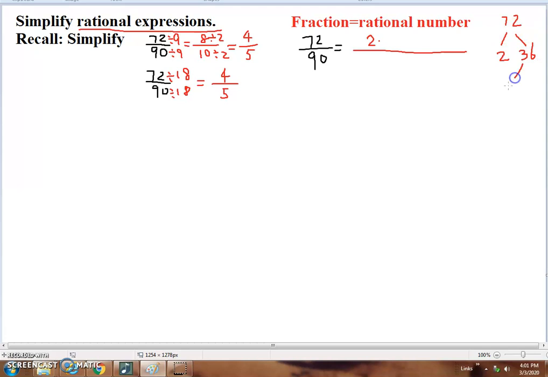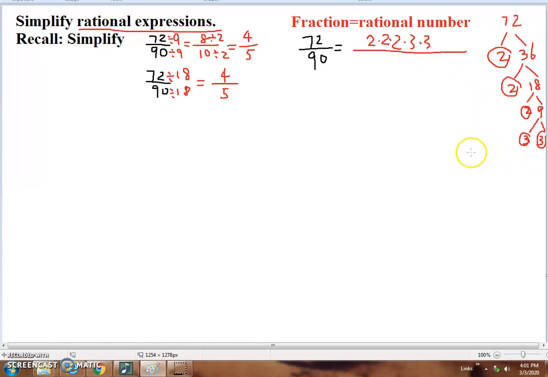And 36 is 2 times 18. And 18 is 2 times 9. And 9 is 3 times 3. So we're going to write down those prime numbers, like the tree leaves: we have 2 times 2 times 2 times 3 times 3.